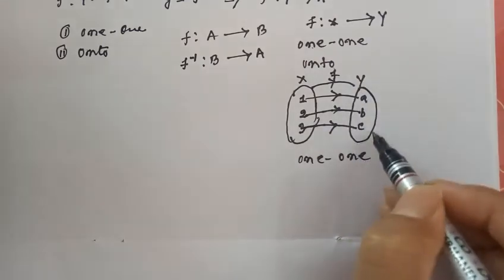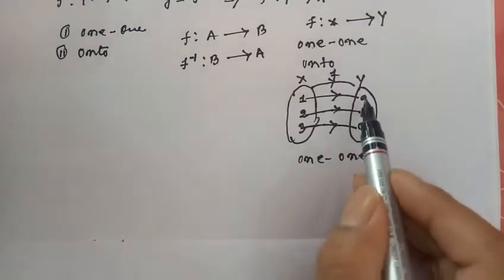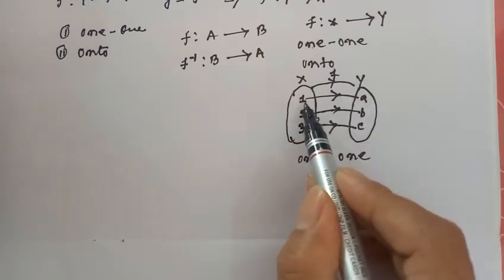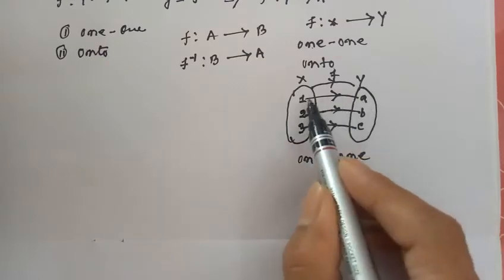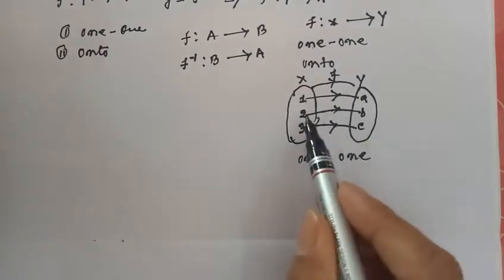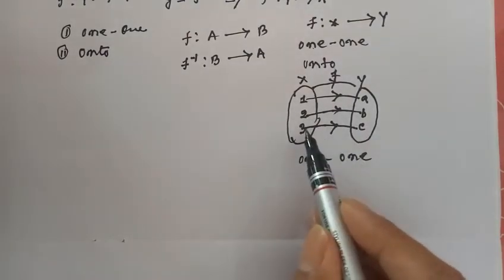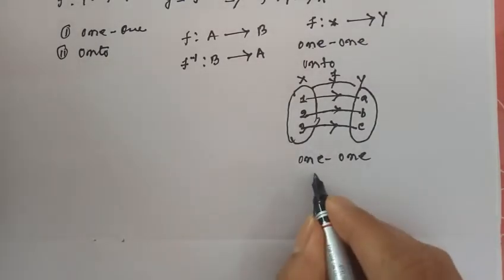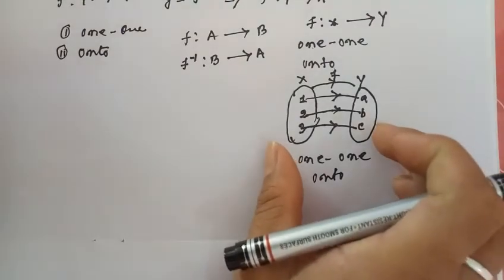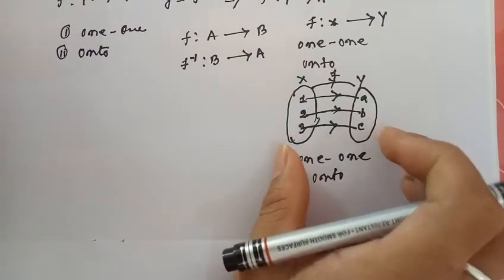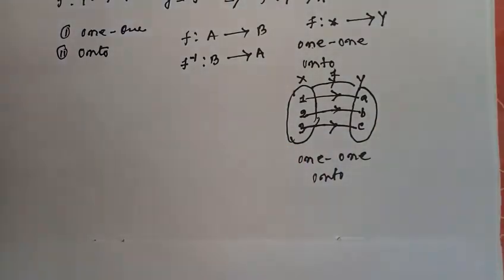All the elements of the second set have pre-images in x. So we see a to 1, b to 2, c to 3. Then it's onto also. So inverse is possible for this relation.